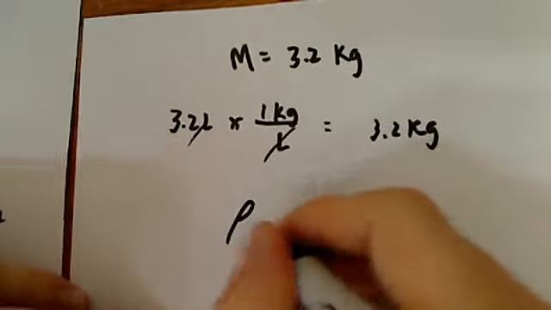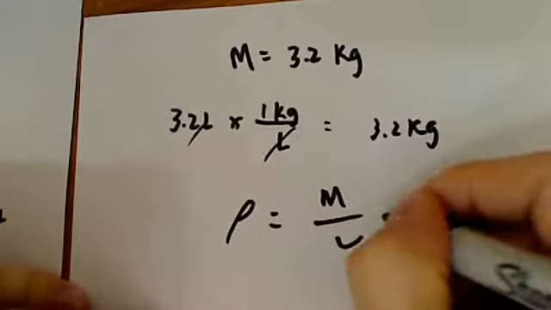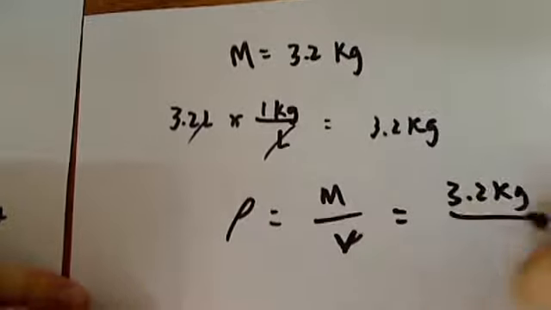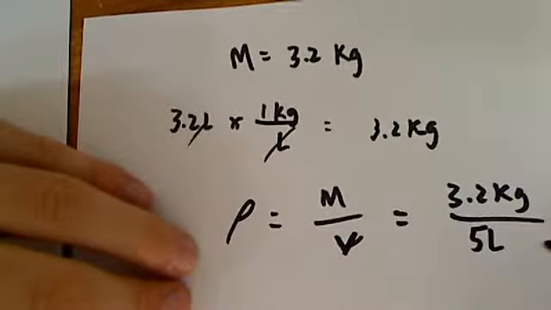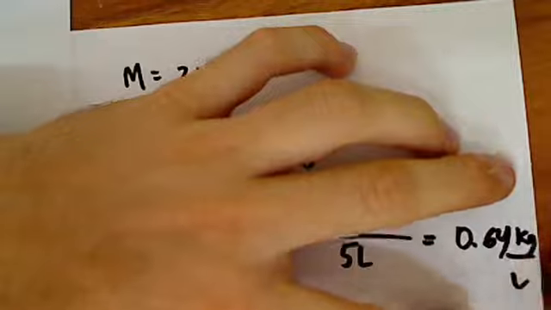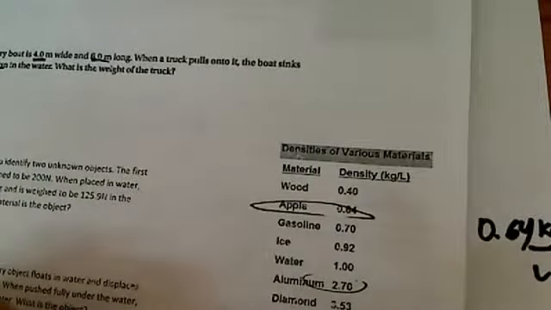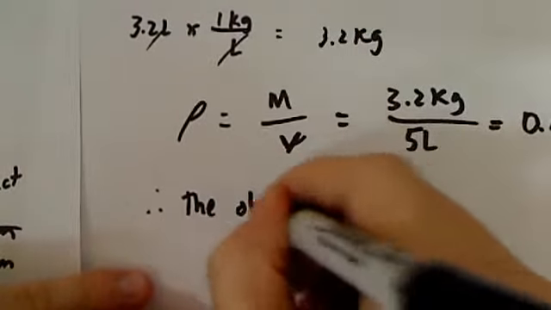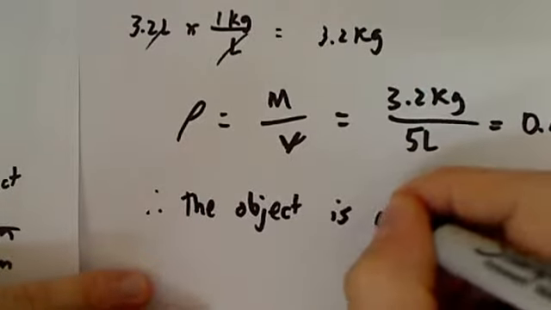If I want to know density, it's mass all over volume, which is 3.2 kilograms divided by 5 liters, 0.64 kilograms per liter. If you look on our table, it must be an apple. It has the same density of an apple. Therefore, the object is an apple.